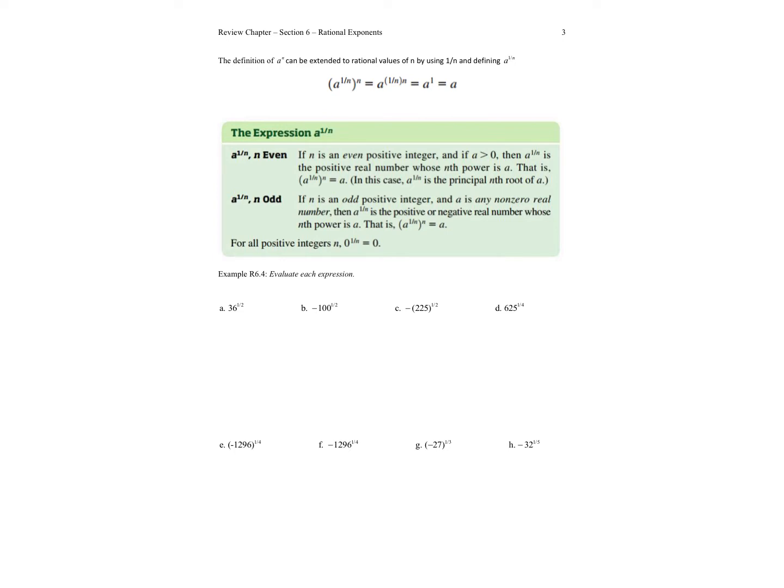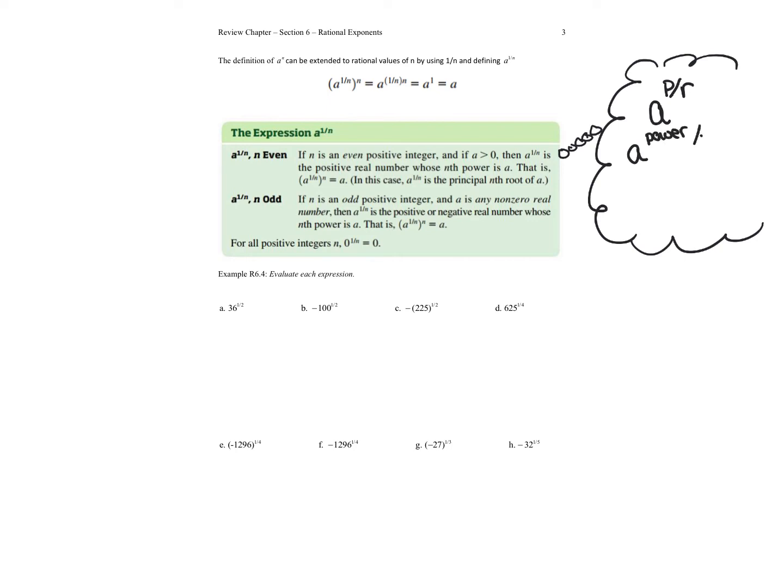At some point in time, just want a little review, you learned a rule. If I have a to the p over r power, that's a to the something power over the something root.